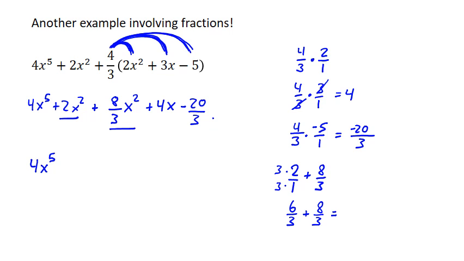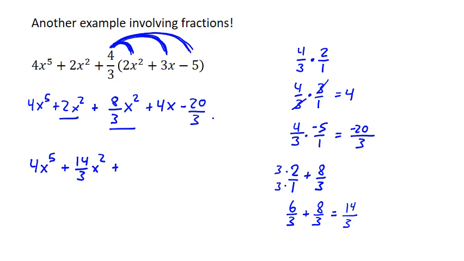So now that I have a common denominator, let's do the addition. 6 plus 8 is 14. So it's 14/3, which can't be simplified. But 14/3 is where we're at. So this 2x squared plus 8/3 x squared becomes plus 14/3 x squared.